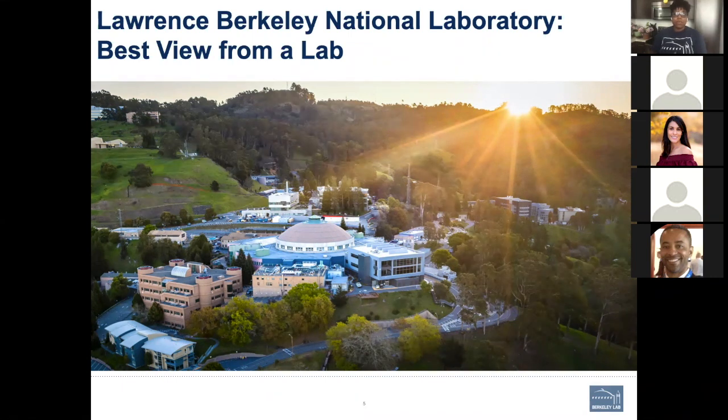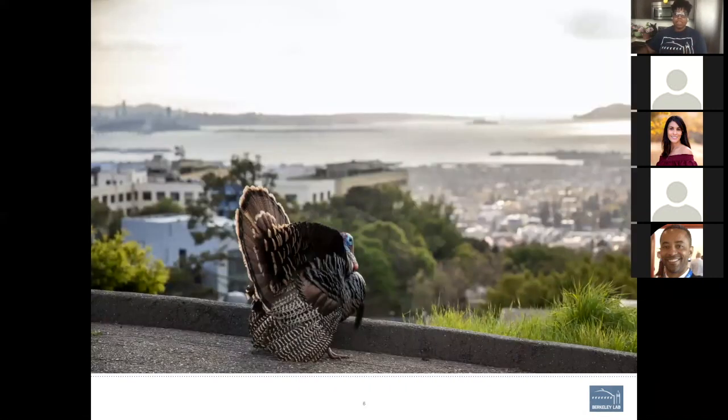Here's a look at our view, one of the best views from the lab at the top of Berkeley, where we have 200 acres and over 100 buildings that do innovative research. And that's usually our look from the lab with our turkeys, who are taking care of the site while we're not there and we're working from home.